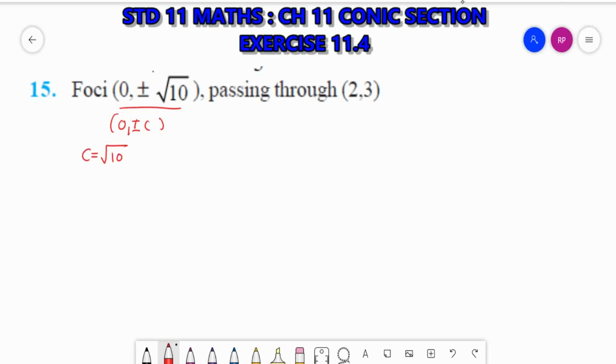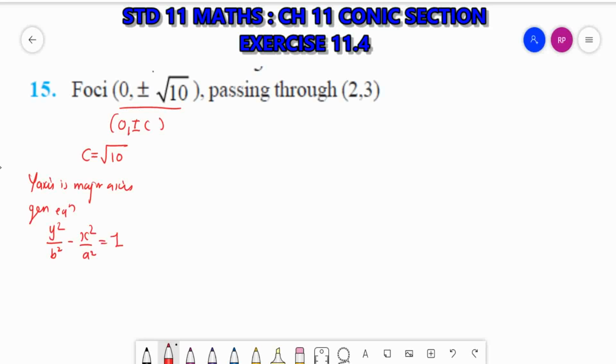Now, since it's 0 plus minus c, what will be the general equation of hyperbola? Here the y-axis is the major axis. The general equation will be y square by b square minus x square by a square equal to 1.